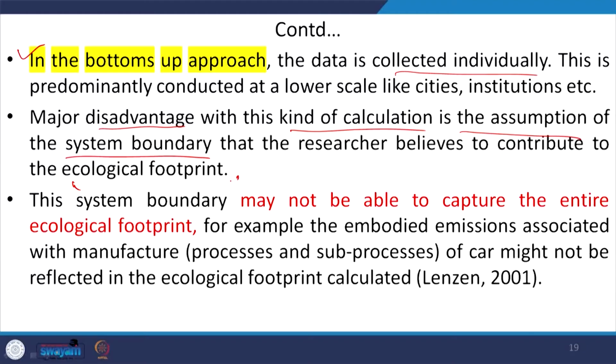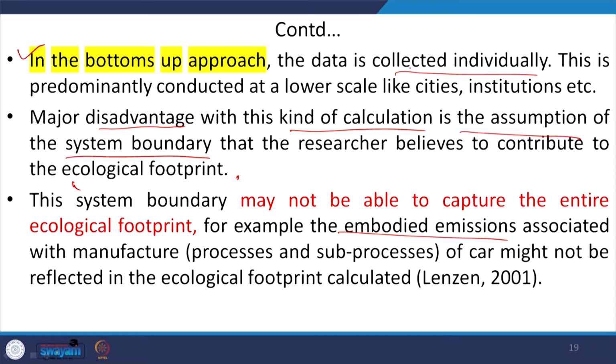For example, we can take the case of the embodied emissions associated with car manufacturing. In that case, how to calculate this? This is a kind of problem we will be facing if we are following the bottom up approach.